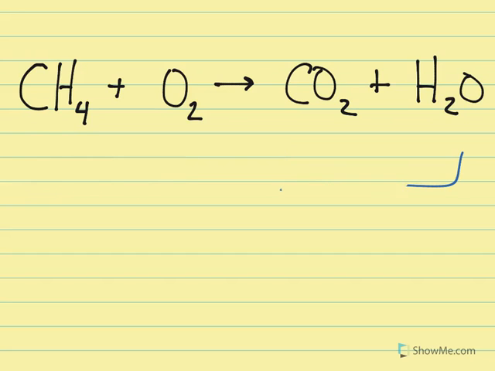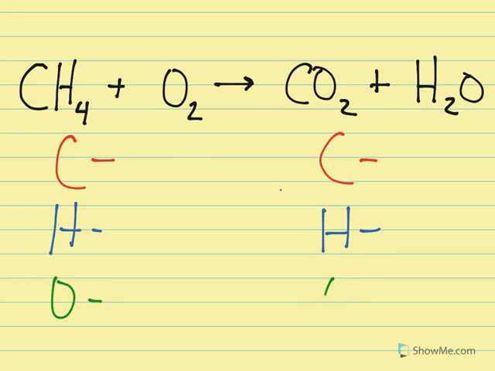So if we were to count, on the left we have some carbons, and on the right we have some carbons. On the left we have some hydrogens, on the right we have some hydrogens. And on the left we have some oxygens, and on the right we have some oxygens.